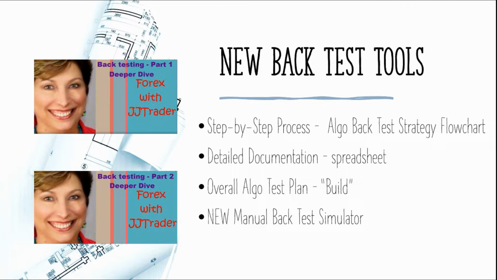Then you start building additional indicators on top of that to see what's going to work best. So I have a little document to keep that straight. And I'm also going to tell you about, like I said earlier, the new manual backtest simulator that I found.